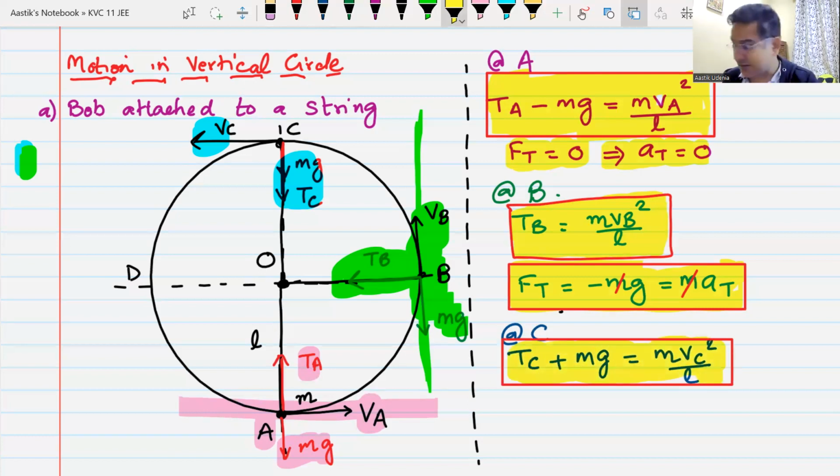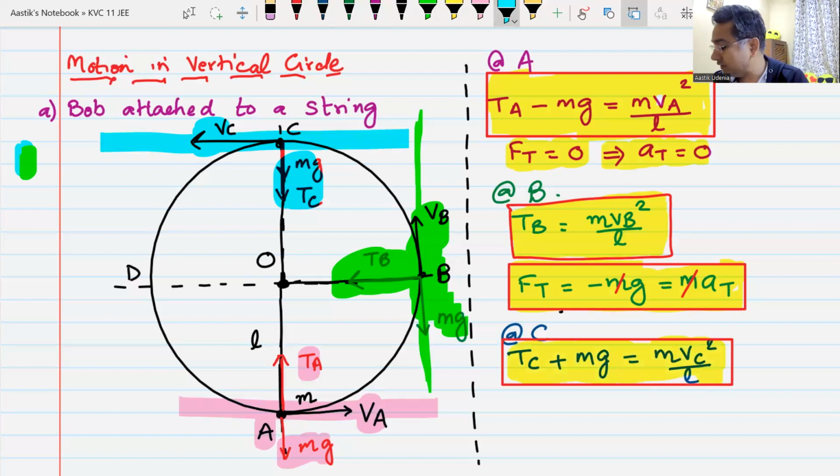Then I look at the tangential direction. This is the tangential direction here. Do we see any force in the tangential direction? Is there any force in the tangential direction? No, sir.